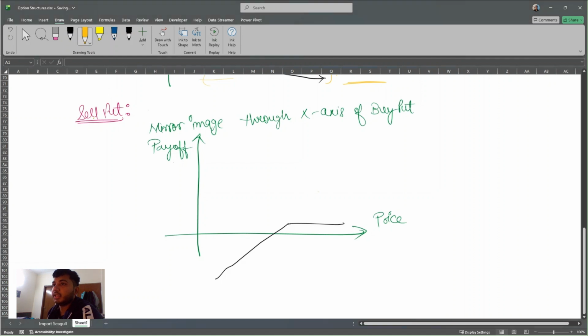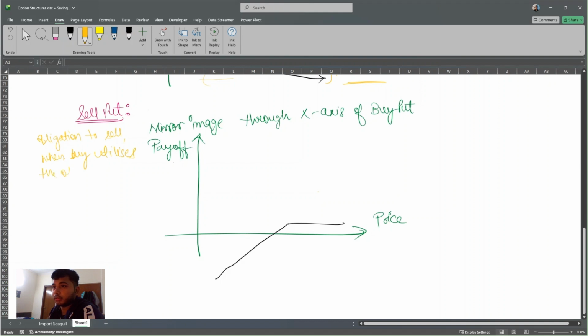Simple intuition for sell: obligation to sell. You sold the option to sell, so you have the obligation to sell when the buyer utilizes the option.